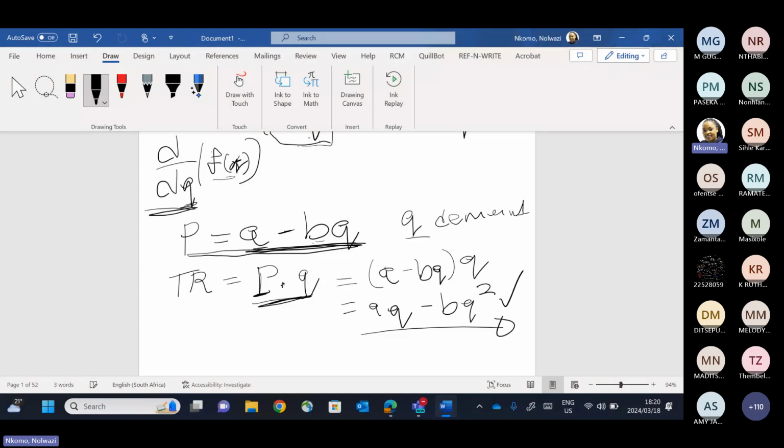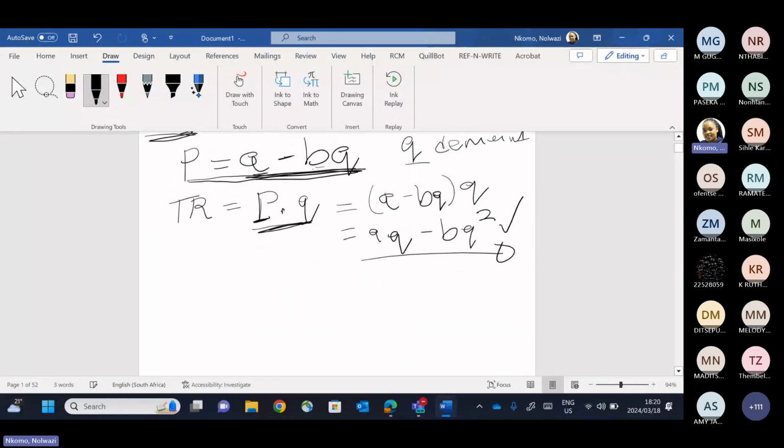Then what more can we find from this information that we have now? Remember I said to get the marginal revenue, you have to differentiate the total revenue with respect to the quantity demanded, the number of units demanded, right? So we just have to substitute it here and differentiate.